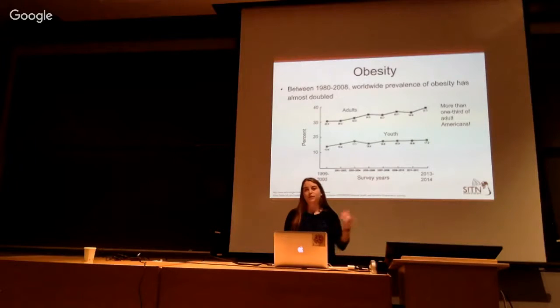The blue line represents adults, and the green line represents youth. You can see that in 1999, about 30% of adults qualified as obese, whereas in 2014, almost 38% of adults qualified as obese. So that means more than 1/3 of adult Americans currently are considered obese, which is a sort of astonishing level of prevalence.